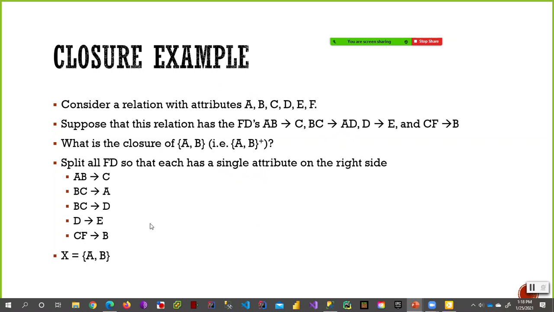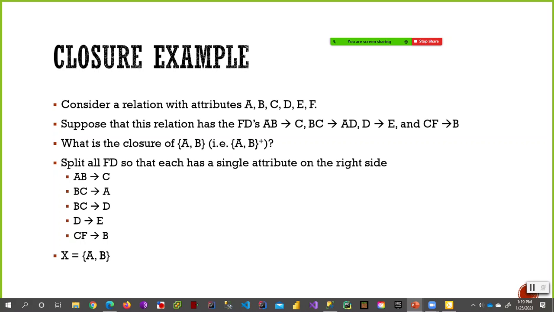Whenever we choose a couple or however many attributes we're going to compute the closure for, in this case we chose AB, and choosing AB is arbitrary. There's nothing special about those attributes other than they're the ones we want to compute the closure for.